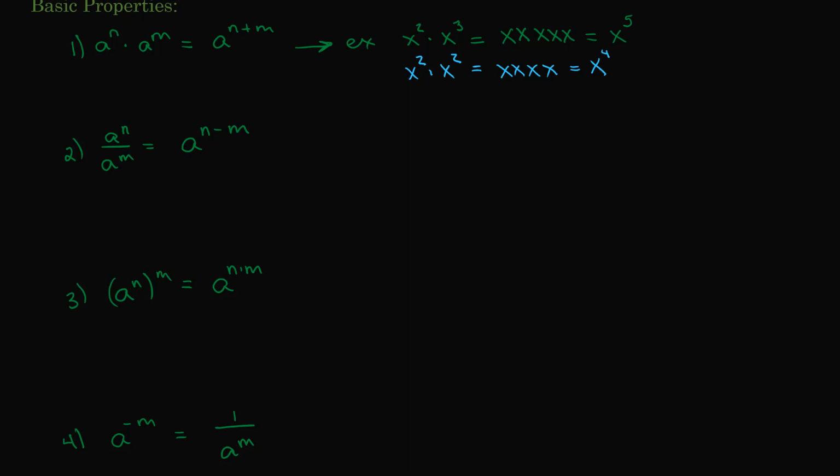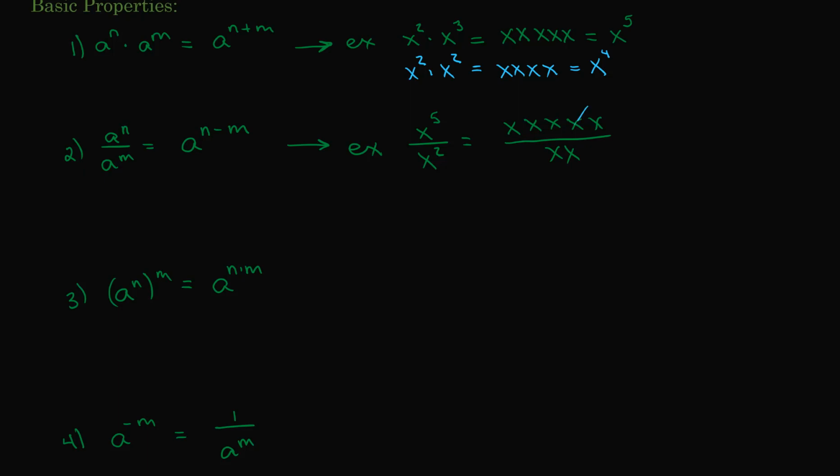In this second basic property here, notice if you have one variable divided by another variable, you subtract the exponents. An example of this would be something like x to the fifth divided by x squared. Well, this could be written as x to the fifth with 5 x's in the numerator and x squared with 2 x's in the denominator.